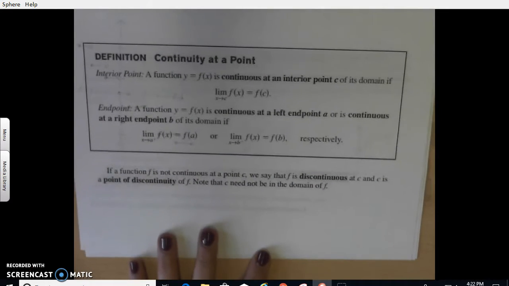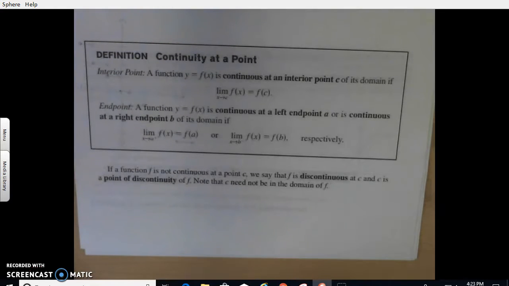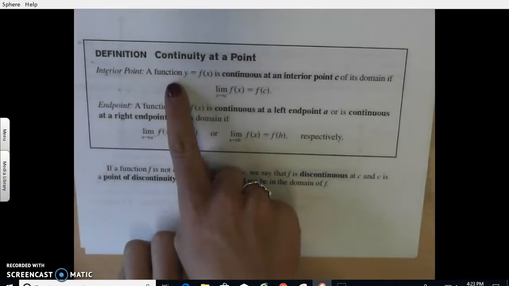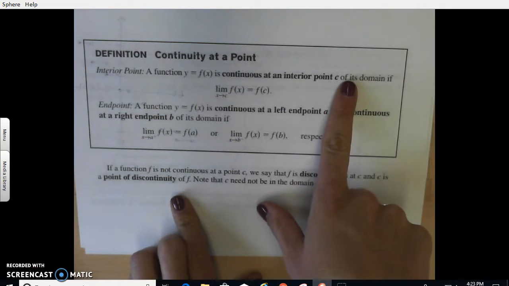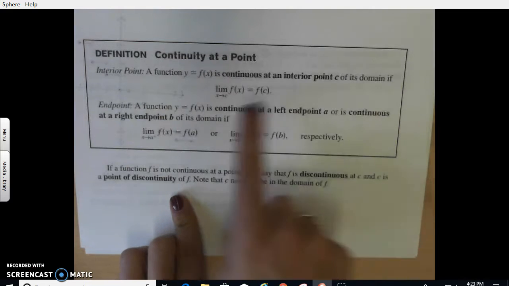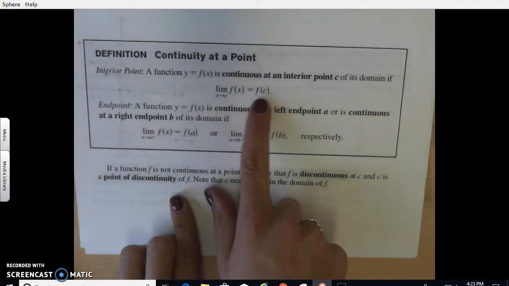So, the definition of continuity at a point. If we have an interior point, or a point on the inside, a function y equals f of x is continuous at an interior point c of its domain if the limit of the function as x approaches c is equal to f of c.